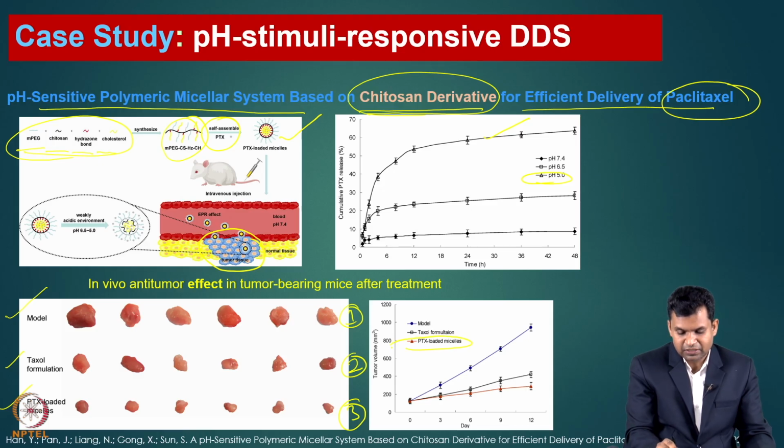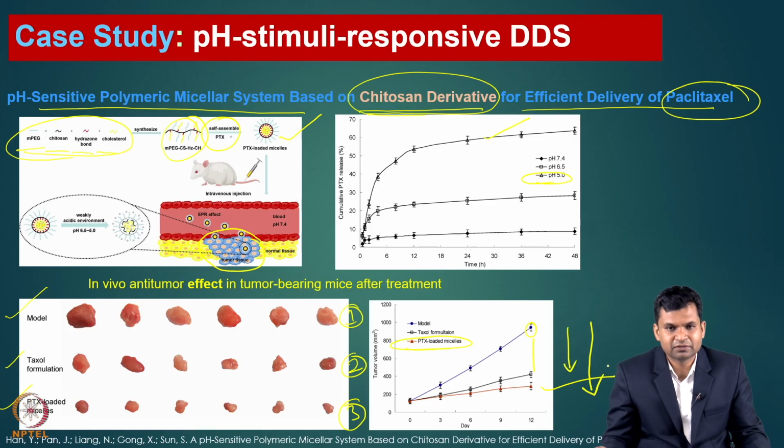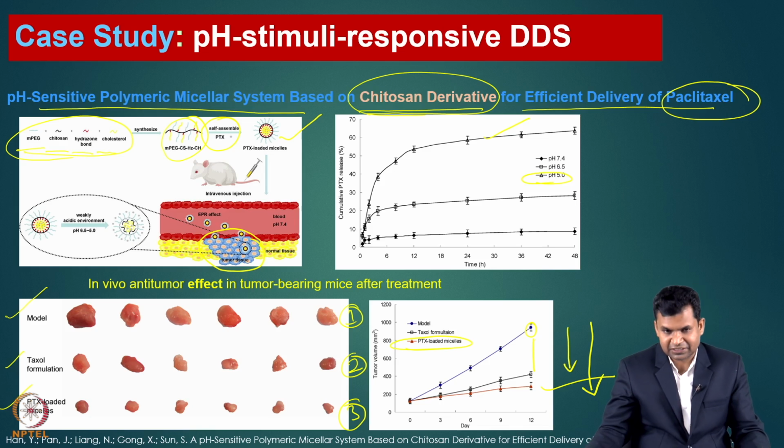In the last one, paclitaxel loaded micelles, the tumor volume is very low, whereas in the other cases the tumor volume is not decreasing as much. The control has the maximum tumor volume. Paclitaxel helps to reduce it this much, whereas the pH sensitive chitosan polymer micelles showed the maximum decrease, as pH stimuli responsive drug delivery systems.